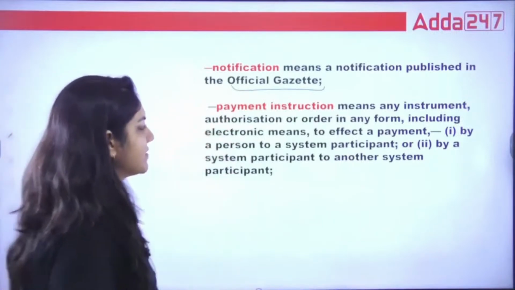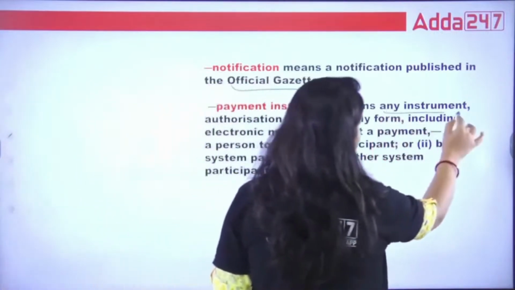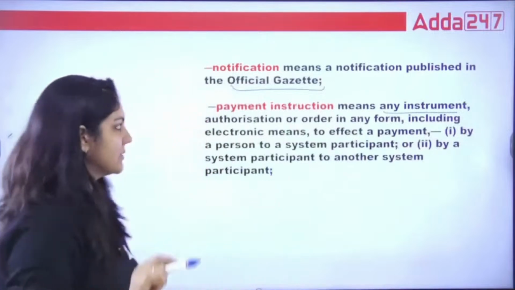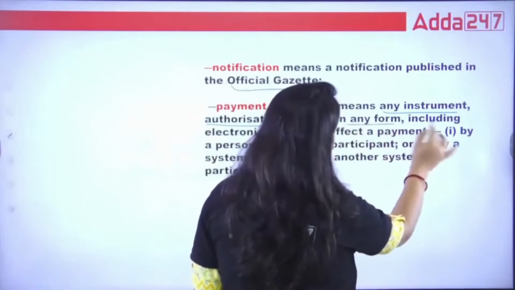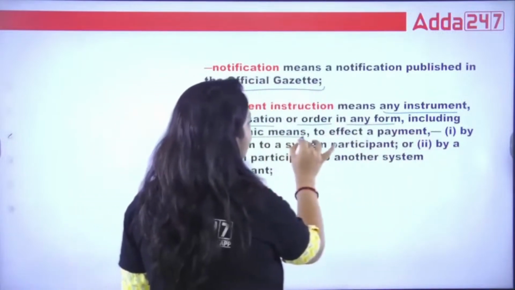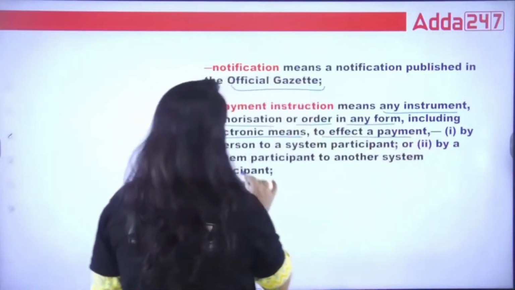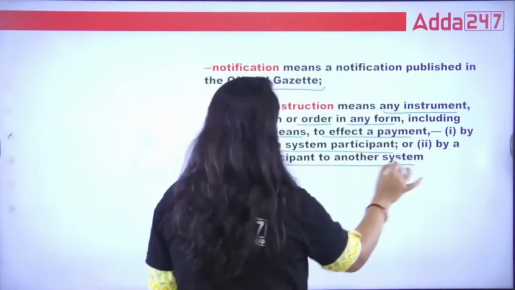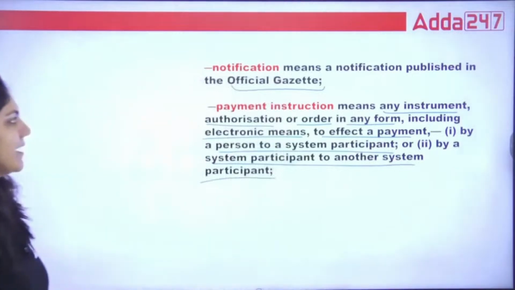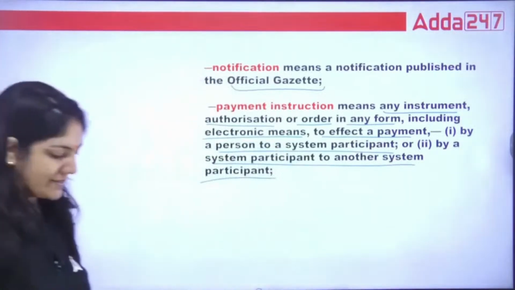What is payment instruction? Any instrument, instrument means document, authorization, order in any form including electronic means to effect a payment by a person to a system participant, or by a system participant to another system participant. That's it.